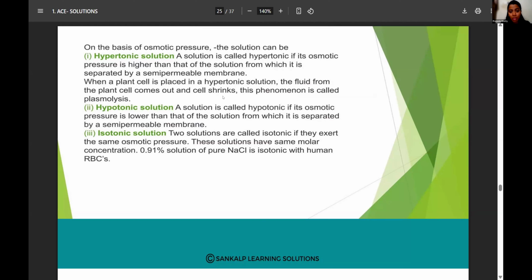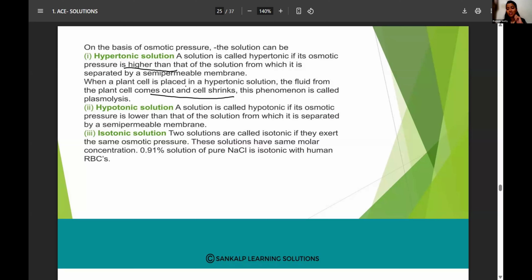Next, please remember this. First, you remember what is a hypertonic solution. When a cell is placed in a hypertonic solution, what happens? The fluid comes out of the cell. Whatever liquid was there in the cell comes out, so the cell will shrink.